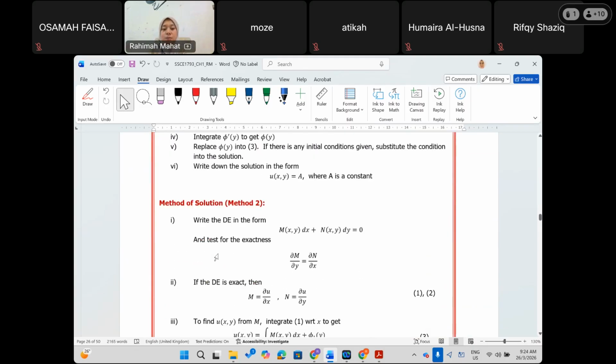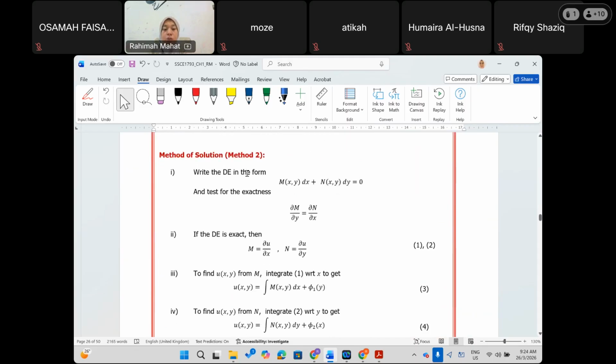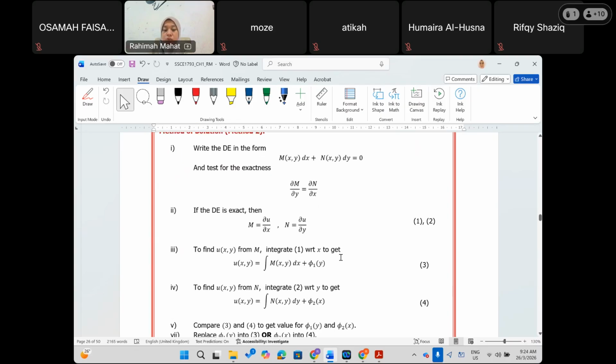There are two methods. In the second method, you write the DE in the form of M dx plus N dy, similar to the previous one, and you check the exactness as well. If the DE is exact, similar to the previous step, integrate 1 with respect to x to get phi 1, and integrate 2 with respect to y to get phi 2.